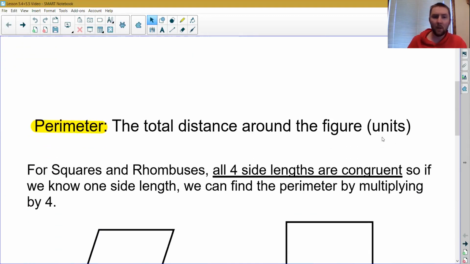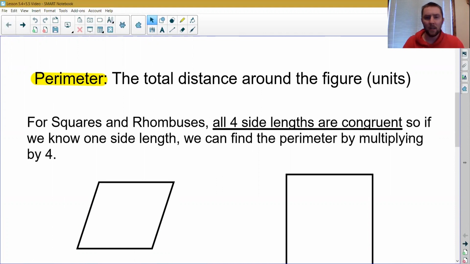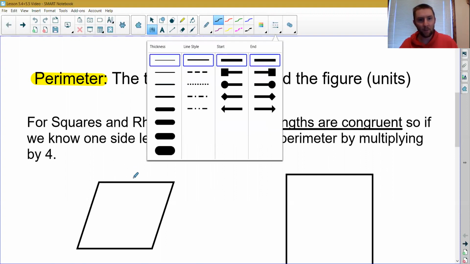So we'll start talking about the perimeter of these shapes. The reason that perimeter is so nice in these particular shapes is that for both squares and rhombuses, remember from chapter 4, that all the side lengths of these shapes are congruent. All four of the sides are exactly the same length. So what we would expect to see in a picture would be something that looks like this.